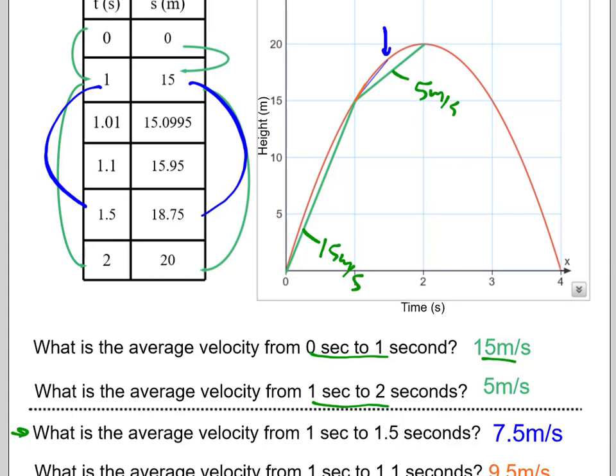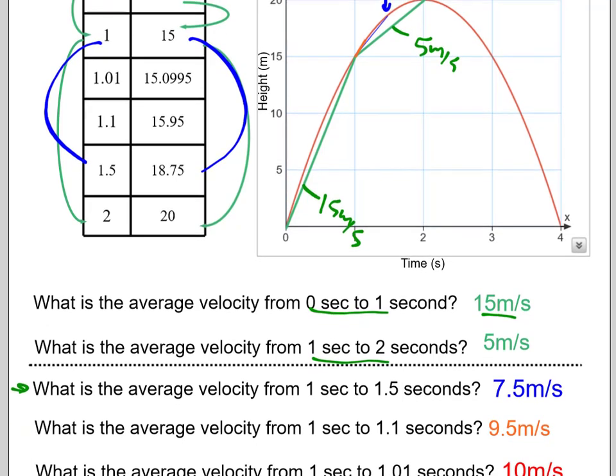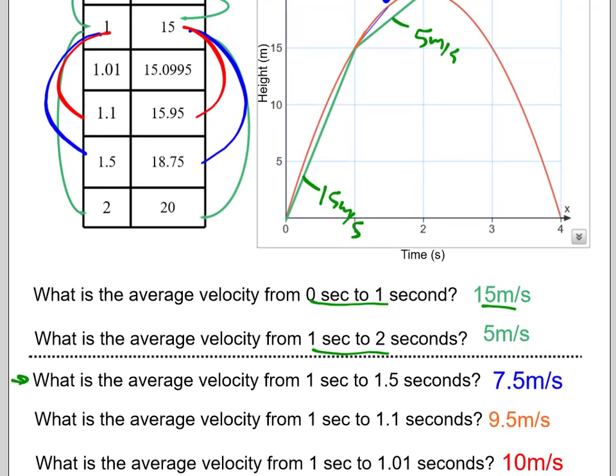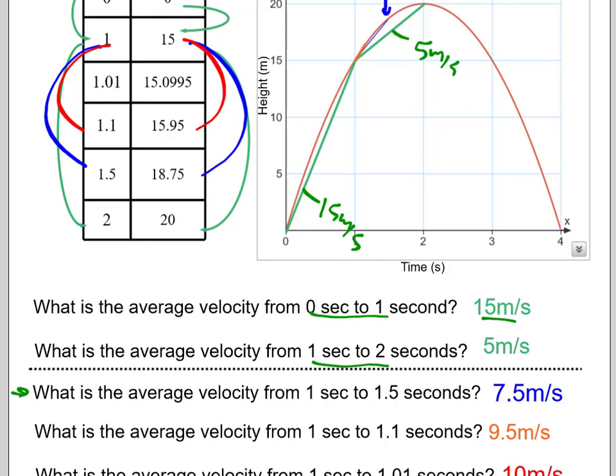Well, the slope of that blue line is 7.5 meters per second. If we carry on using smaller and smaller intervals, from 1 to 1.1, and all we're doing is slope calculations, I guess I could have used orange for that color, sorry, then we end up here with 9.5 meters per second.